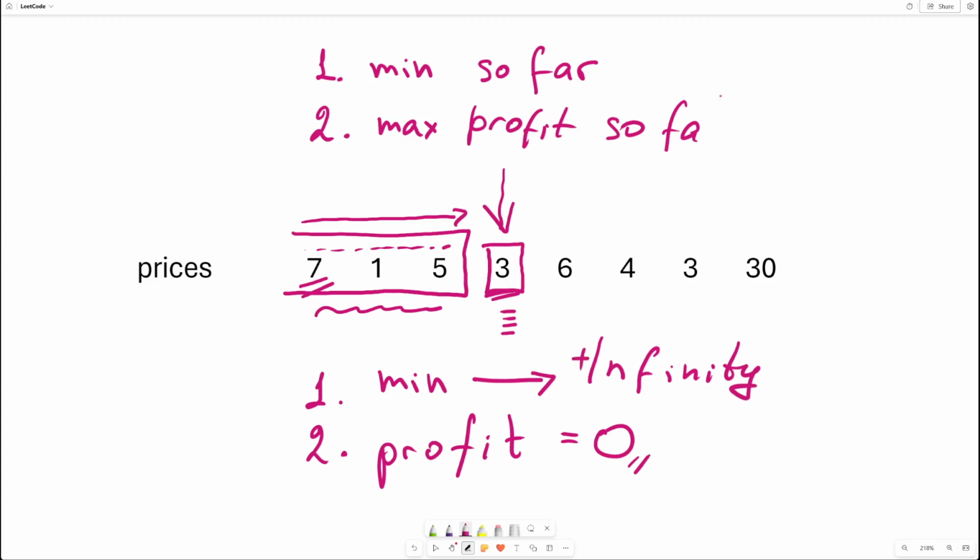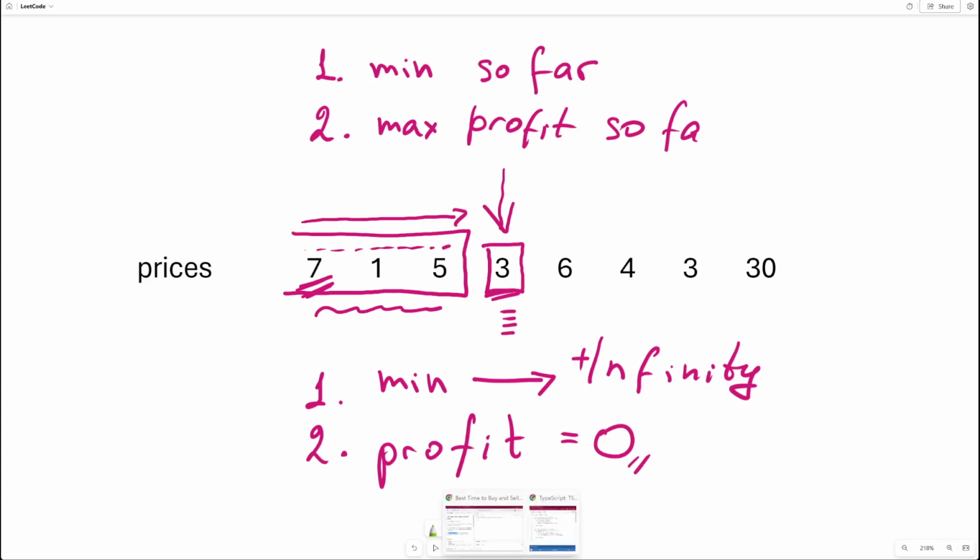If we set min to plus infinity, then when we look at the first day, we'll never decide that today is a great day to sell the stock if we had bought it at the infinite price. So we would not decide to do that, and we would reset min and profit. That sounds quite reasonable, at least to me.